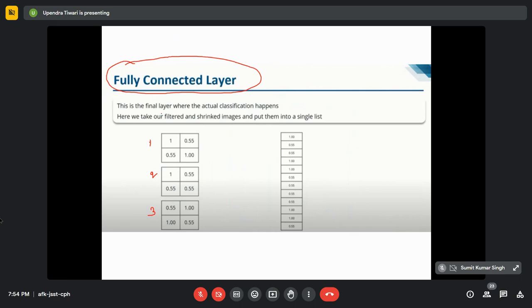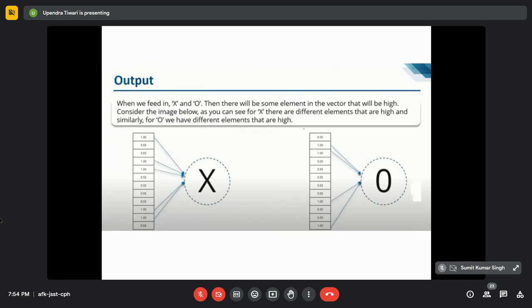So this 1 is there, this 0.55 is there, 0.55 is there, 1 is there, 1 is there, 0.55, 0.55, 0.55, 0.55, 1 is there, 1 and 0.55. So this is the final outcome at the fully connected layer when your model got trained for the X. In the same way, when your model gets trained on the O, this will become the single dimension.